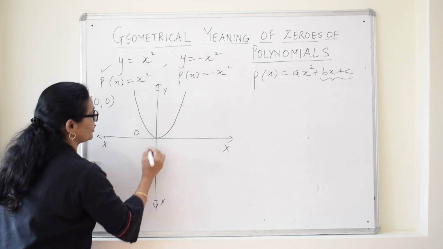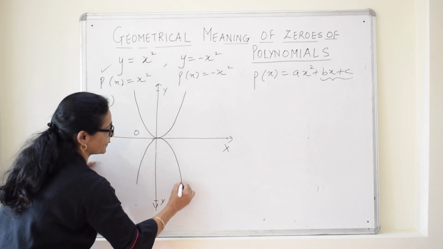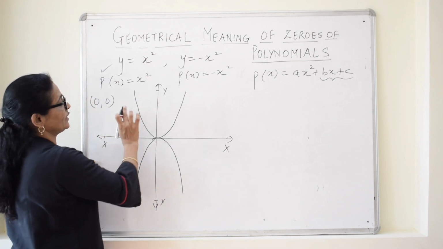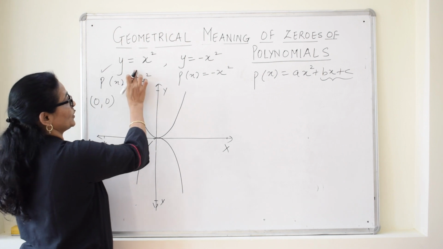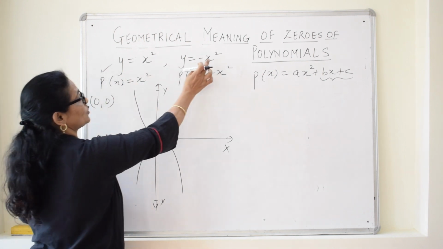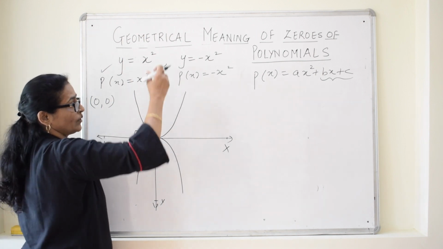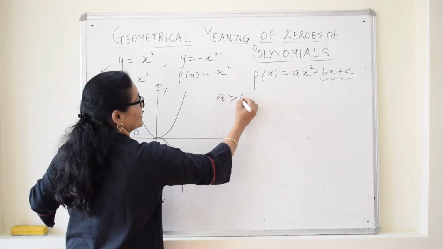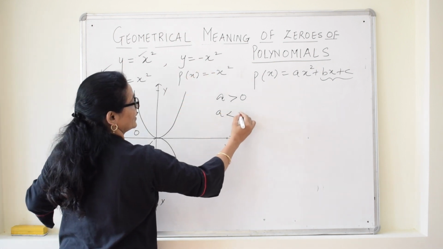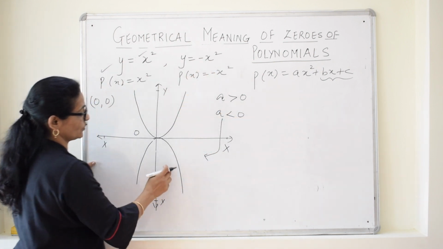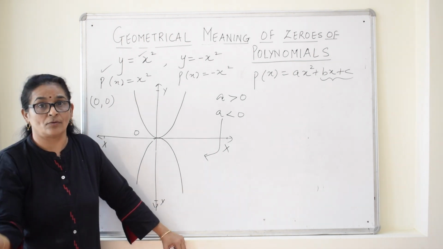So the second polynomial will come in this way. In these two cases, we have observed that the zero of each polynomial is 0. The first one opens upward when a is greater than 0, and in the second case, when a is less than 0, the parabola is opening downwards.